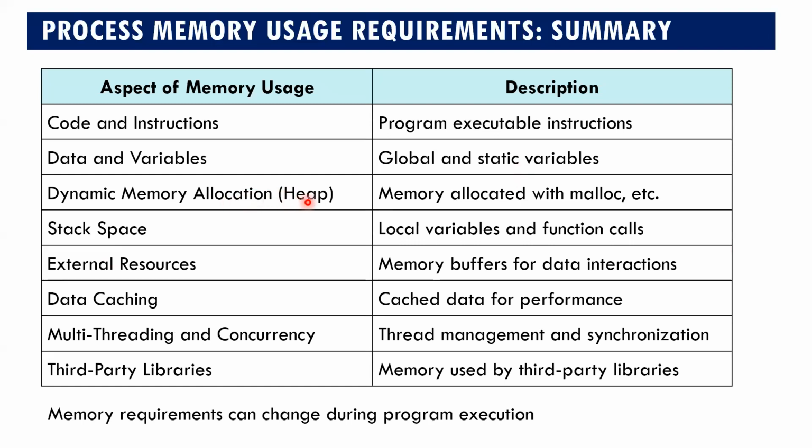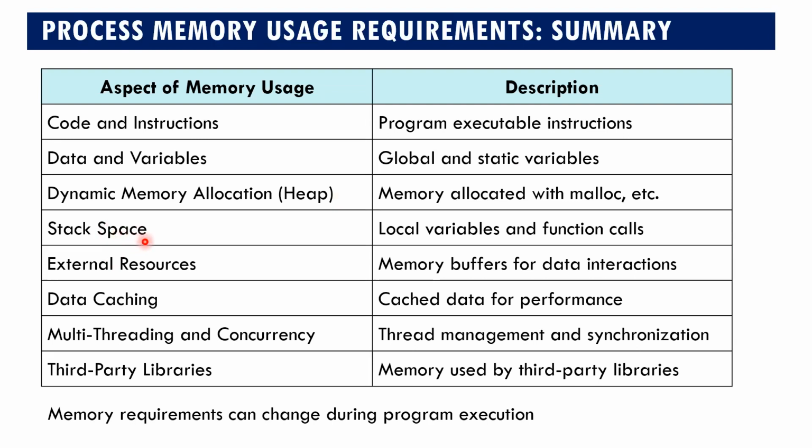Next is the heap segment, which is used for dynamic memory allocation. If the program instructions include functions called malloc or calloc, dynamic memory has to be allotted. So for accommodating the dynamically required memory for a process, the heap segment is used.